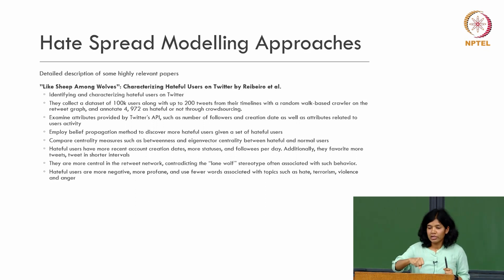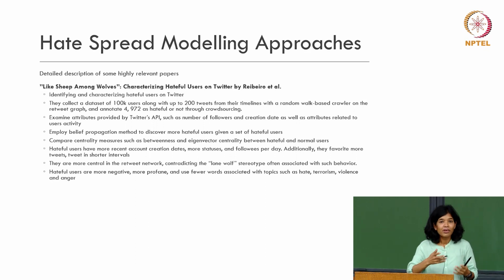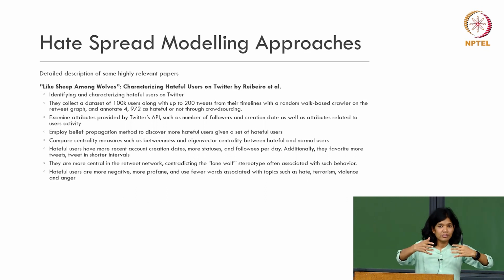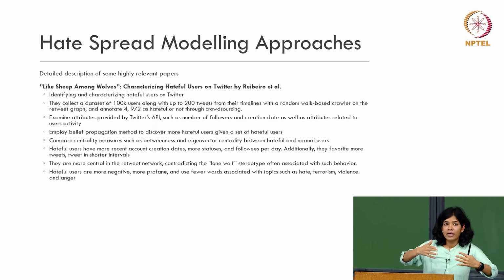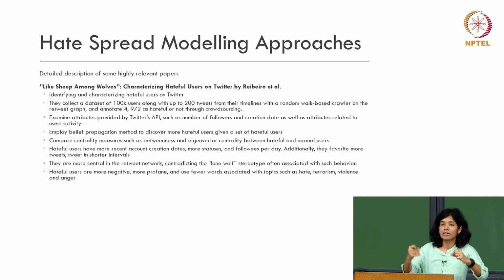So if I am a hateful user, and there are two or three hateful users now, they will try to further spread that belief, and after a certain time it converges. Maybe a few more users start believing hate.